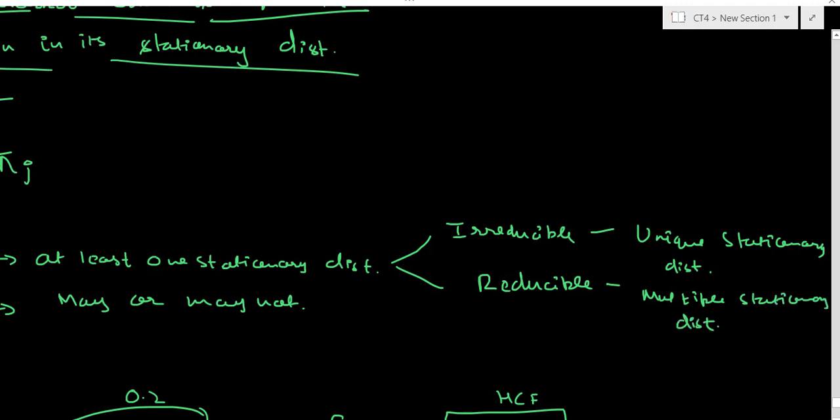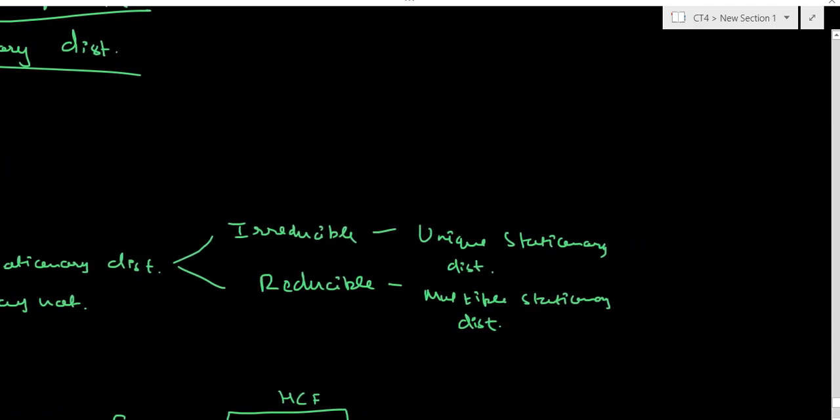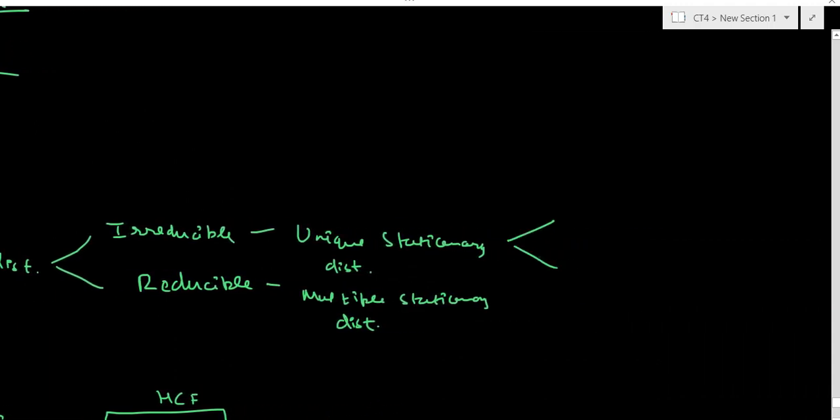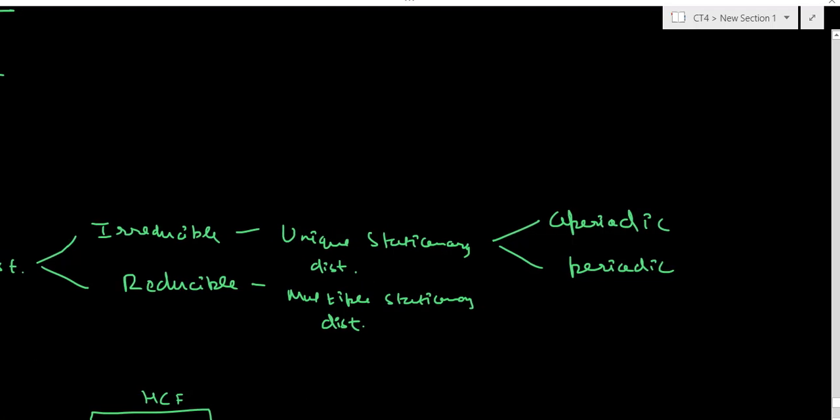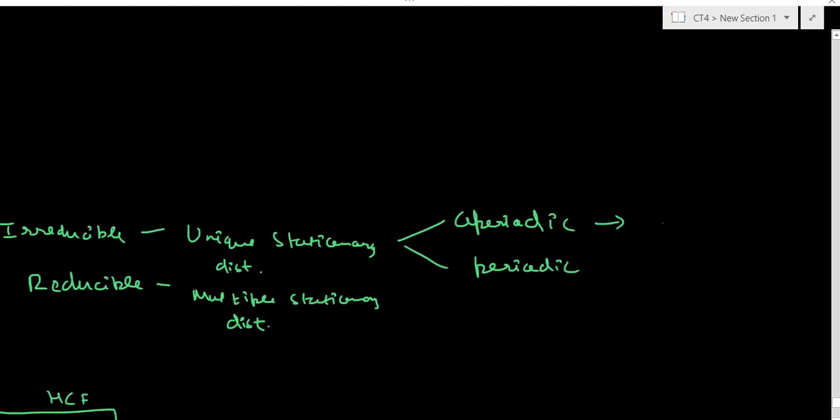Now, if this Markov chain, which has a unique stationary distribution, can either be aperiodic or periodic. If it is aperiodic, then in the long run, it will settle down or attain its stationary distribution.